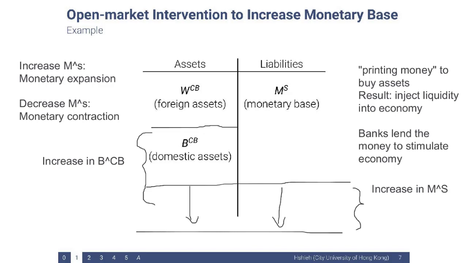Now, if you want to curtail the speed of money supply growth because the economy is growing too fast, you can do the opposite. Rather than print money, you can think of it as burning money. How do you do that? You go into the open markets, and instead of buying assets, you sell things on your balance sheet.